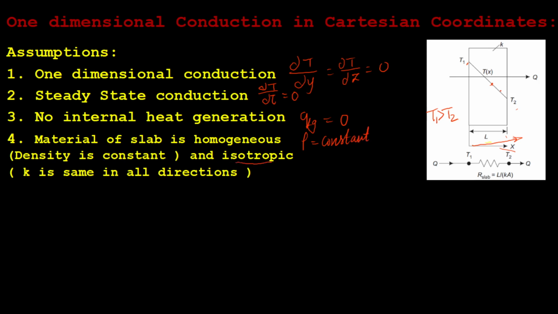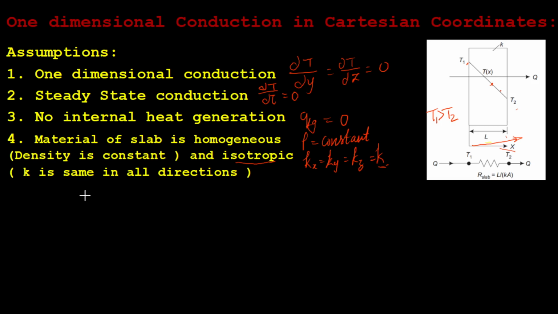We are assuming the material is isotropic, which means Kx will be equal to Ky, which will be equal to Kz, which will be equal to K, the same in all directions, that is x, y and z. And we are also assuming that the thermal conductivity K is constant, so that it can be treated as a constant value in the differential equation.